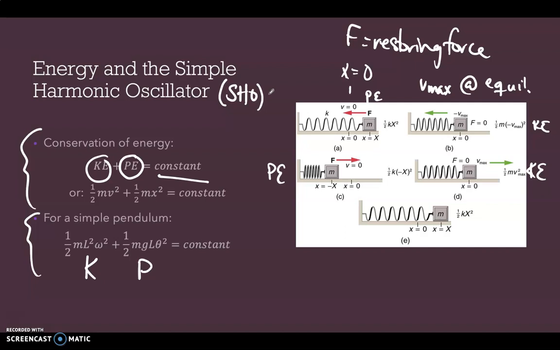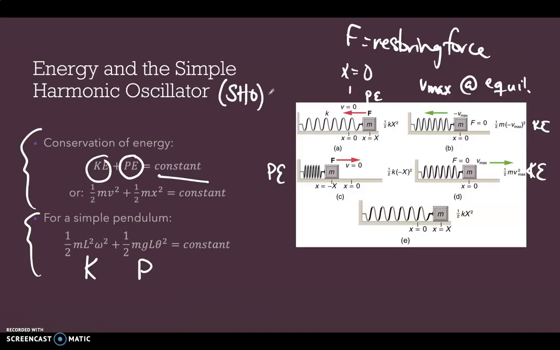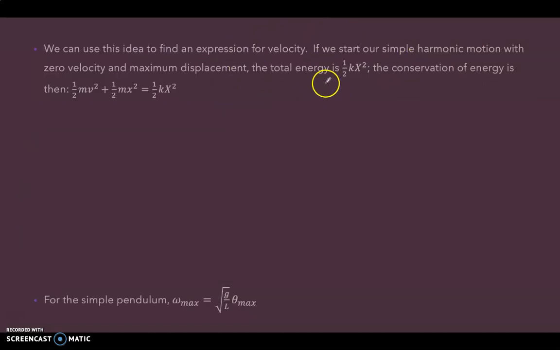All right, so we can use this idea to find an expression for that maximum velocity. If we start our simple harmonic motion with a 0 velocity and a maximum displacement, like we did here, the total energy E is just going to be purely potential energy.